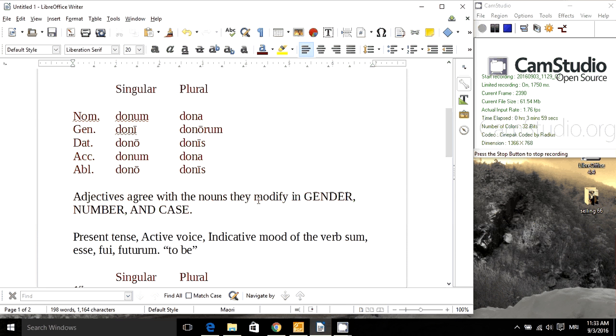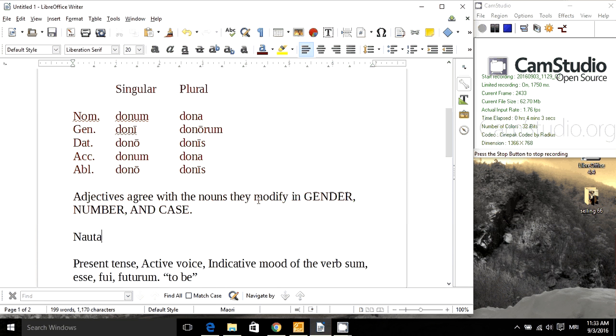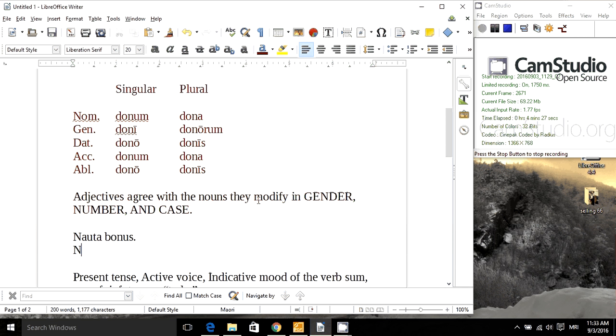They agree with them in gender, number, and case, not necessarily ending. So here's a good example. Nauta, the word for sailor. Nauta is a masculine word, even though it has feminine endings in its grammar. It's a masculine noun. So to say a good sailor is nauta bonus, because now both of these words are nominative, singular, masculine.